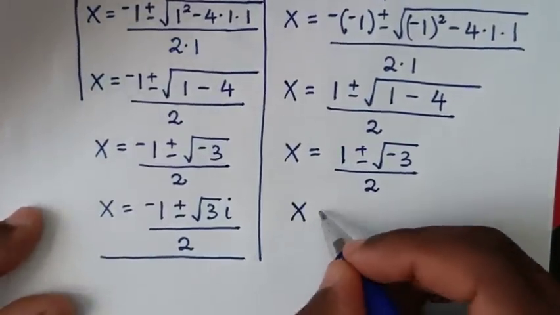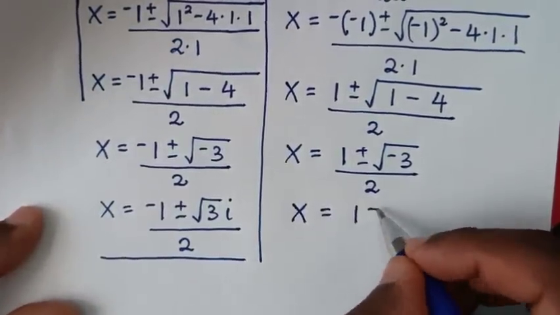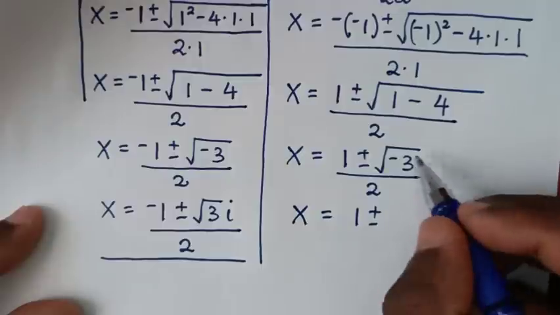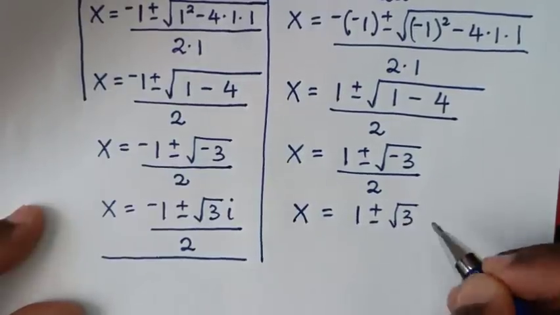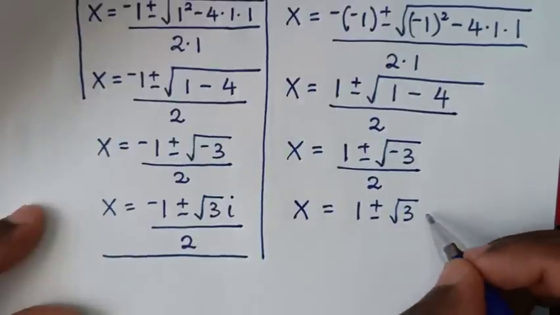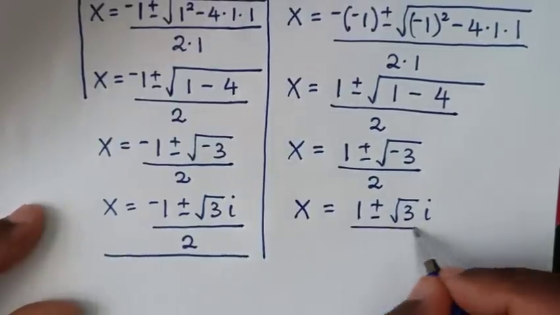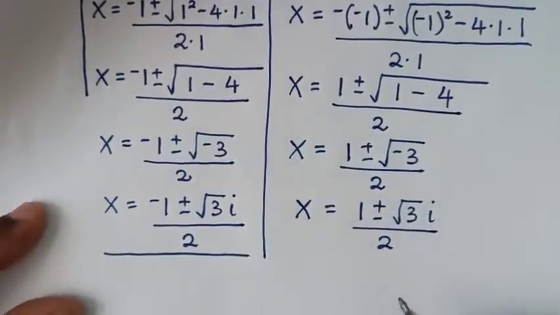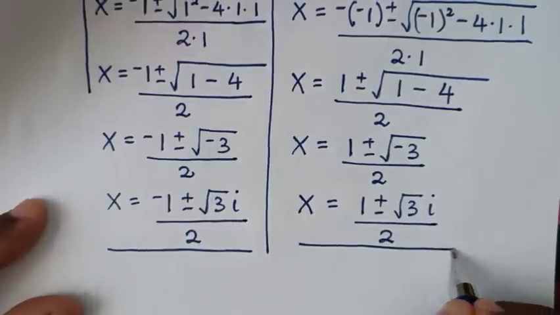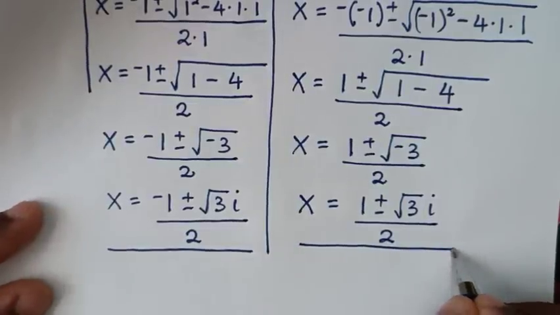Then x is equal to 1 plus or minus square root of negative 3 is same as square root of 3 times square root of negative 1, which is i, then over this 2. So also in here we have two solutions which are complex solutions.